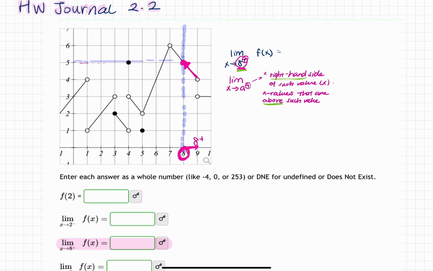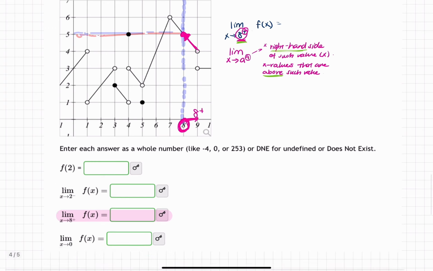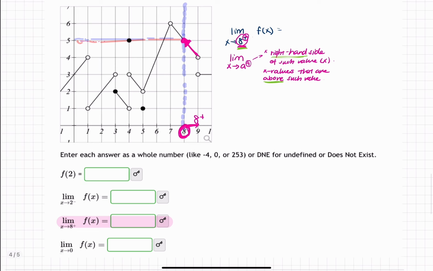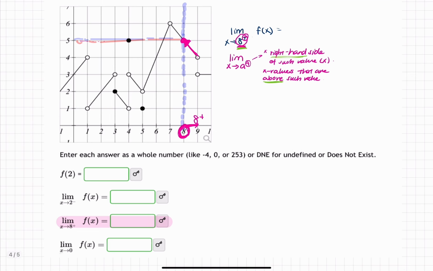It is pretty simple, right? So the answer for this part of the question is 5. We can simply solve these through a graph.